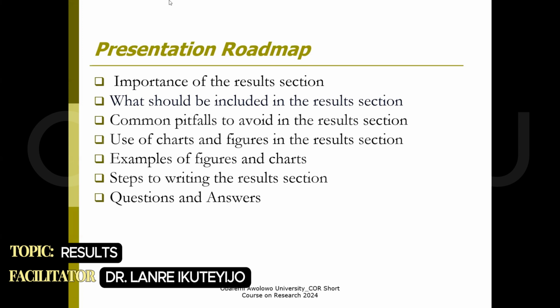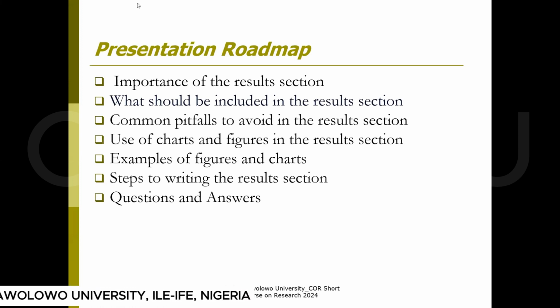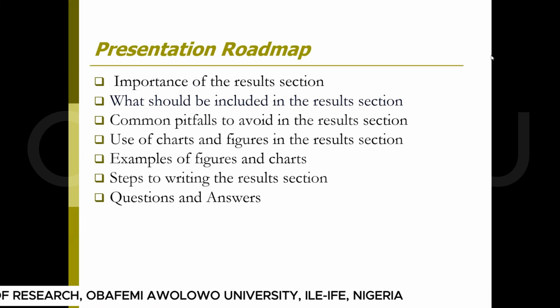Is my screen visible, sir? Yes, thank you. We'll look at the use of charts, figures, and other illustrations in the result section. We'll look at a few examples, and of course, we'll go directly into steps to write result sections. Then we'll take questions and answers.